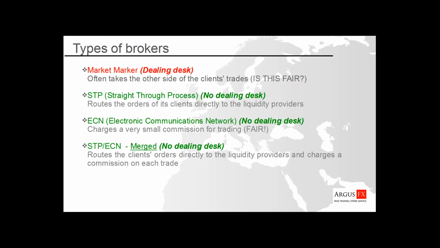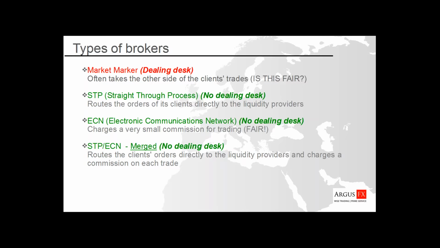And the fourth type of broker is a combination of an STP and an ECN. To bring the two together, the major characteristics of an STP and ECN broker are that the client's orders are linked directly to the liquidity providers, and this type of broker charges a commission on each trade.